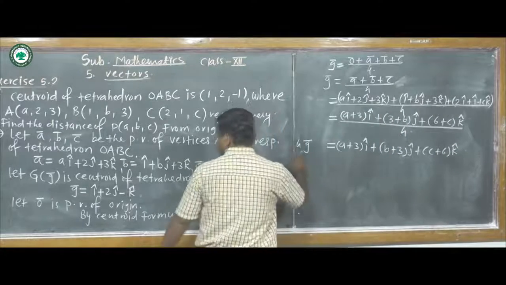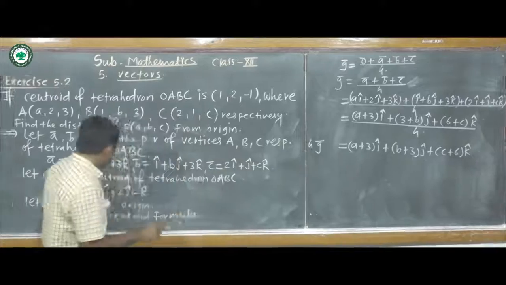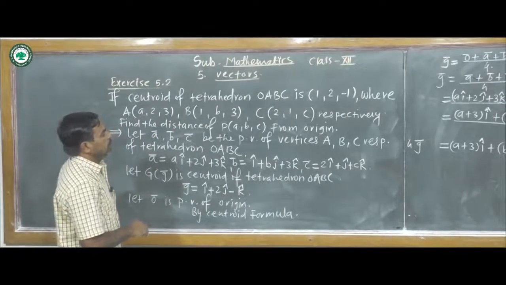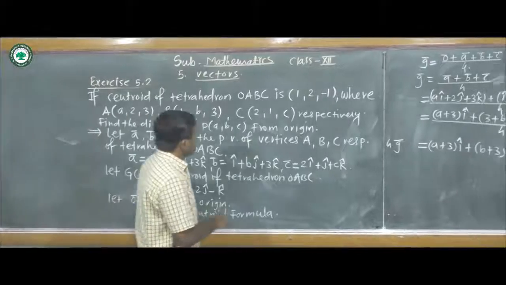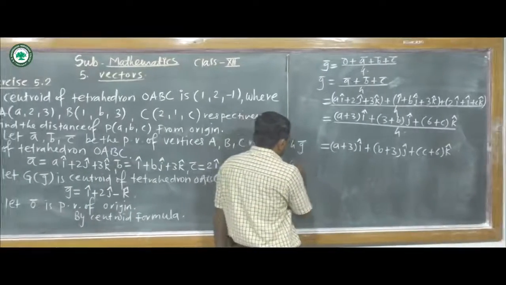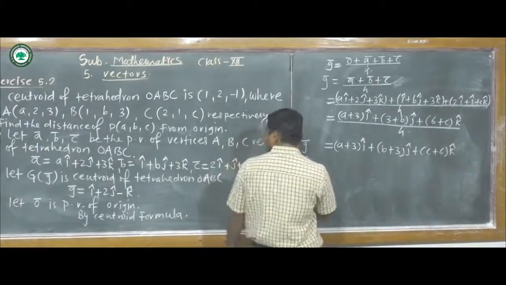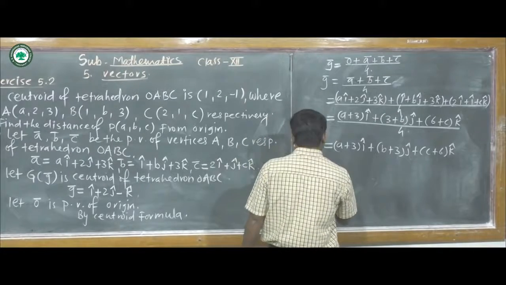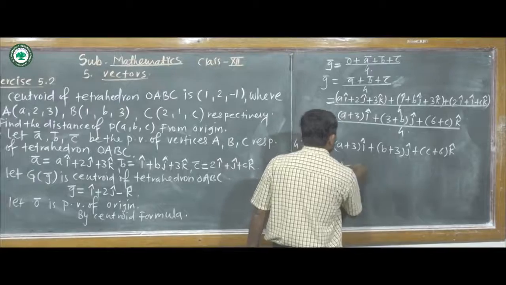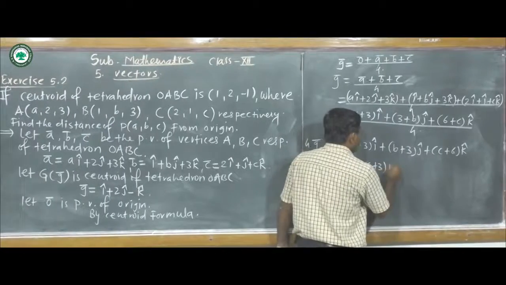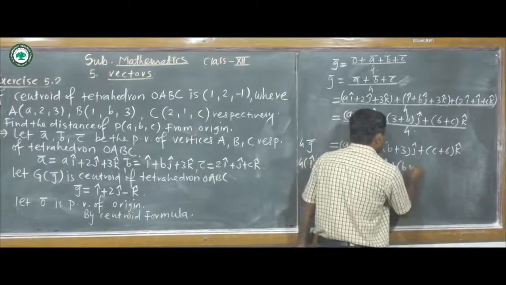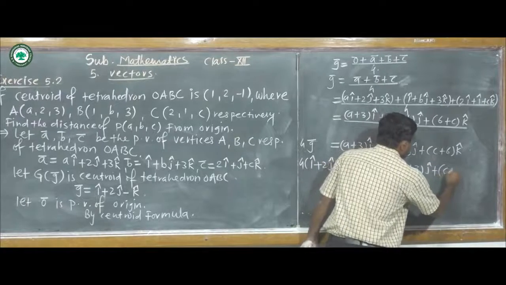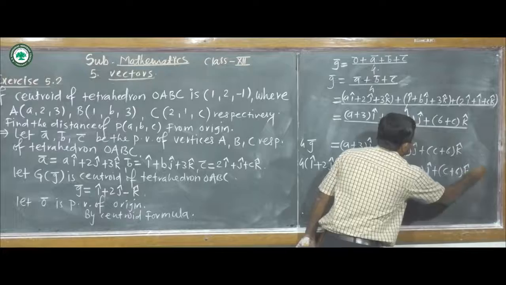Now g bar is known here. See here, g bar is i cap plus 2j cap minus k cap. So therefore 4 into i cap plus 2j cap minus k cap is equal to A plus 3 into i cap plus B plus 3 into j cap plus C plus 6 into k cap.